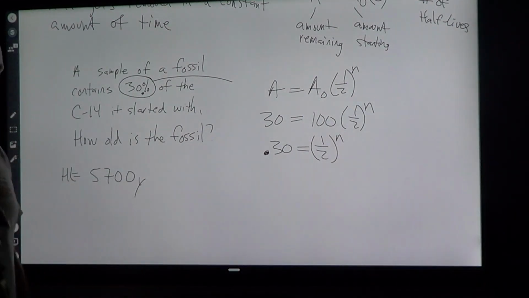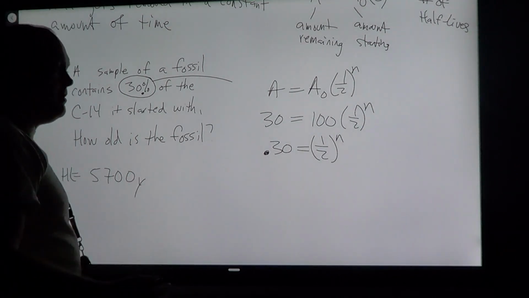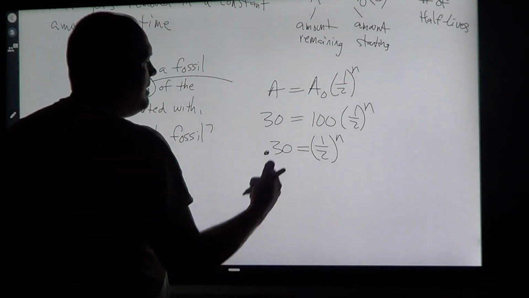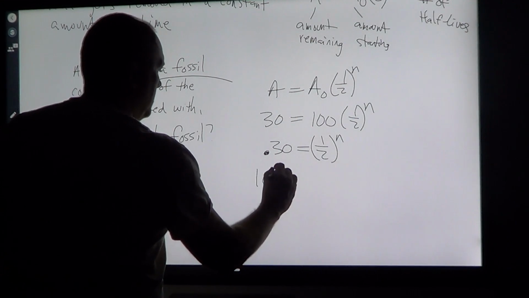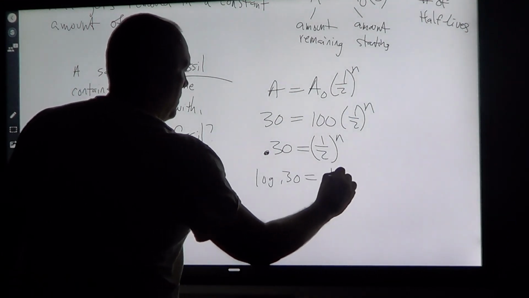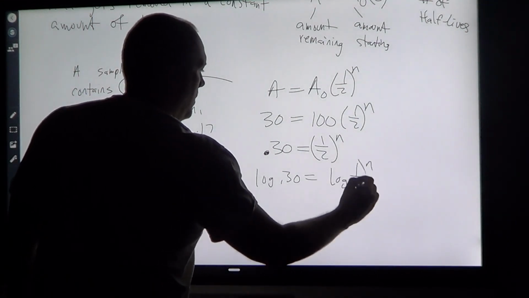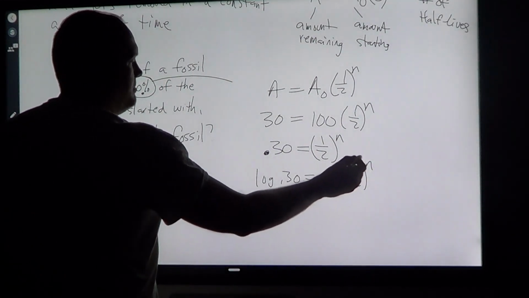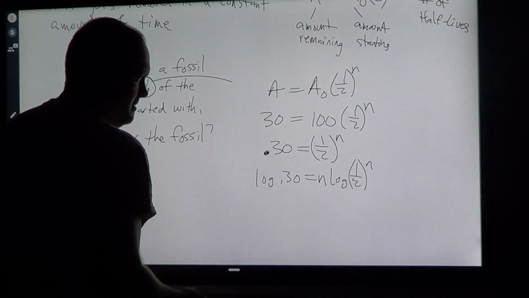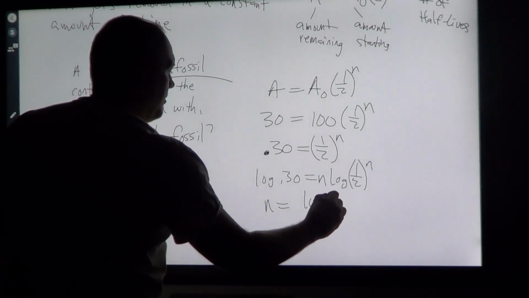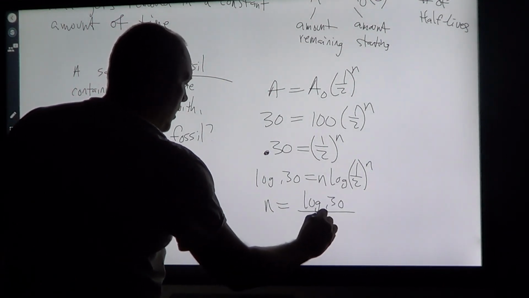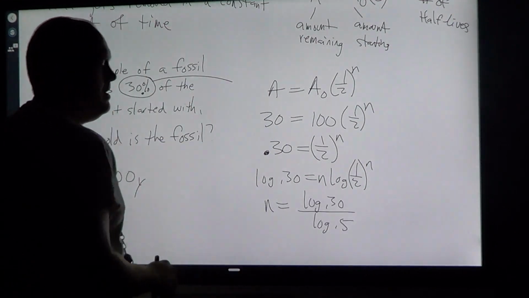And at this point, it's the same math that we were doing to solve for our reaction rates and our equilibrium constants. You now have to do the log of both sides. Which allows us to pull the n in front. And so n is the log of 0.3 divided by the log of 1/2.